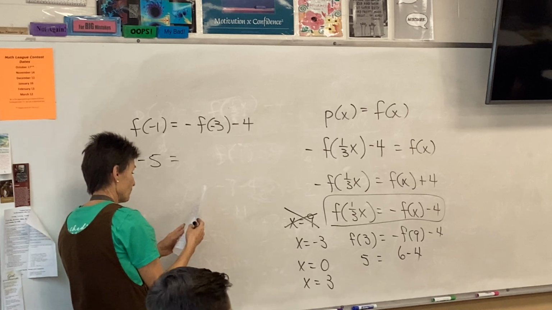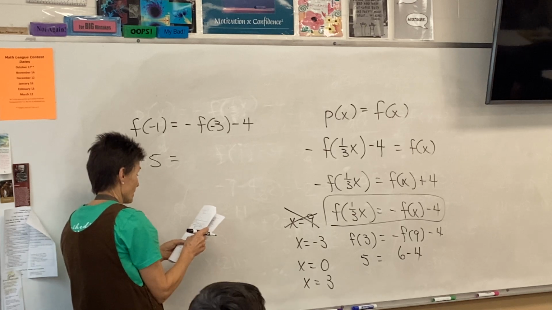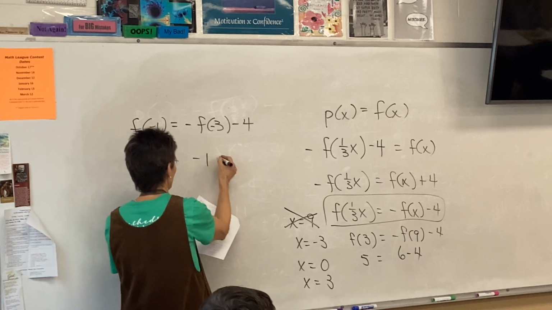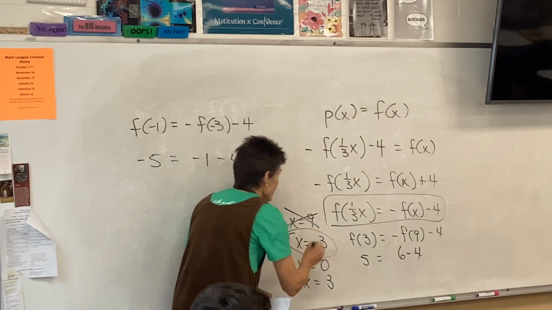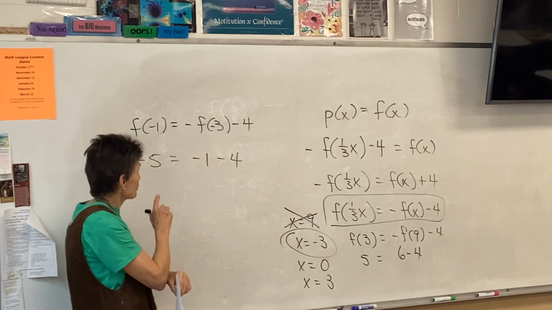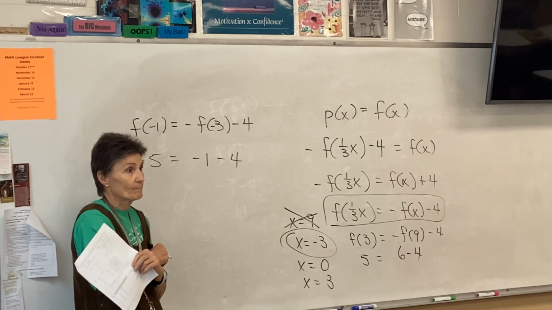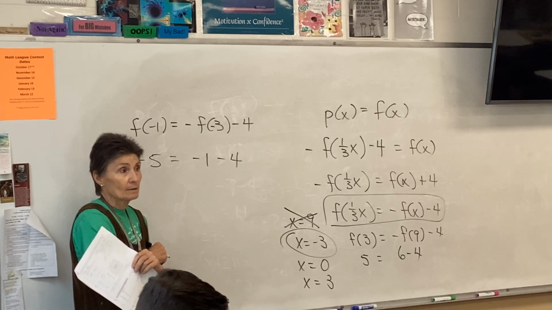F of negative 3 would be, f of negative 3 is 1, so negative 1. Oh, whoa. Did that work? I think that worked. So I had to find an x so that those two things match. I think the x that works is negative 3. Okay?